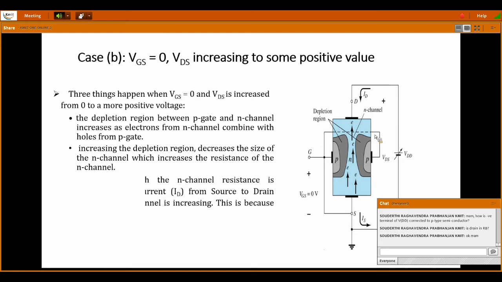If you see the circuit here, as VDD is increasing, the current is increasing. That is nothing but the ohmic region concept. Now if you still increase VDD, then the reverse bias near the drain will be increasing. You might have a doubt about where this reverse bias has come from, as we have not given any supply to gate and source.